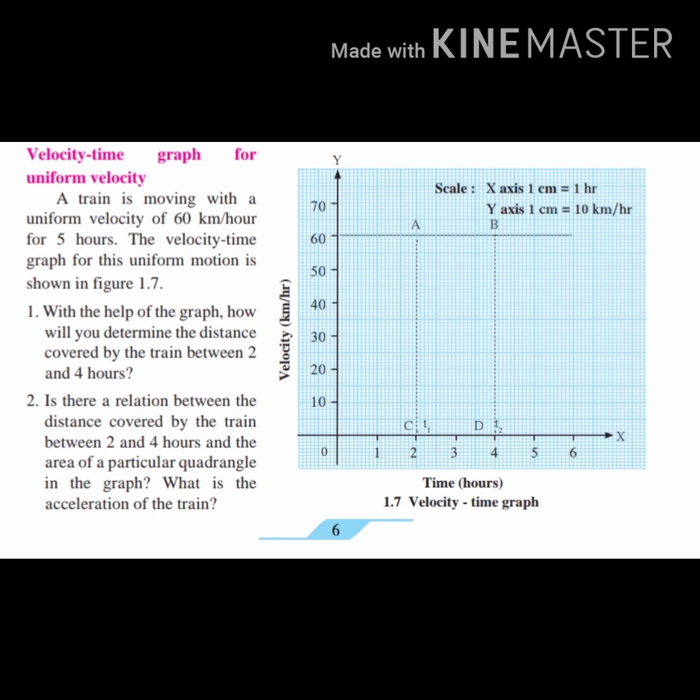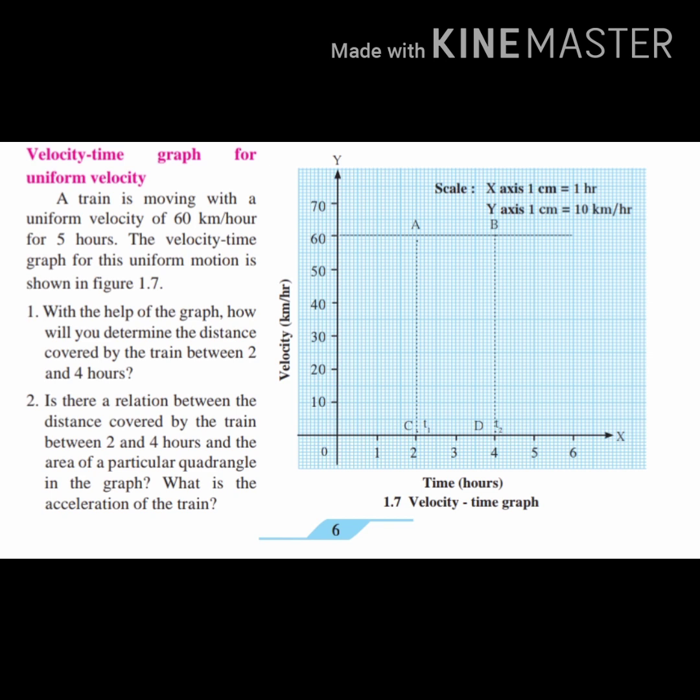That's what I told you in the last lecture, that the rate of change of velocity with time is acceleration. In this case, the train is moving with one particular velocity, that is 60 km per hour. It is not changing its velocity, so there won't be any acceleration. Hence this type of motion is known as non-accelerated motion.